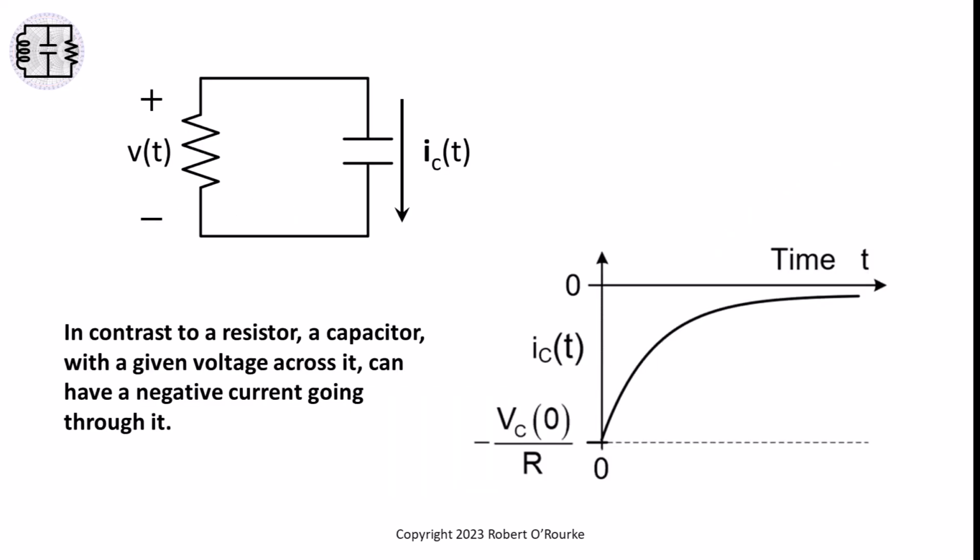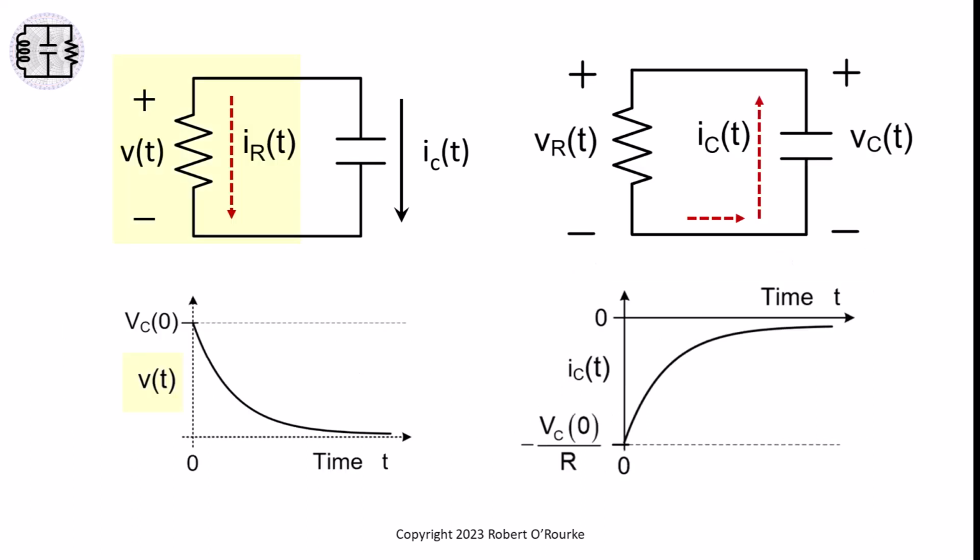For a capacitor, current through the capacitor also corresponds to a reference polarity with current pointed from the plus sign to the minus sign. But different from a resistor, a capacitor can have current that is negative relative to the current reference polarity. The resistor current is positively valued going down through the resistor because the current flows from plus to minus, matching the voltage reference polarity established in the circuit by the initial condition capacitor voltage.